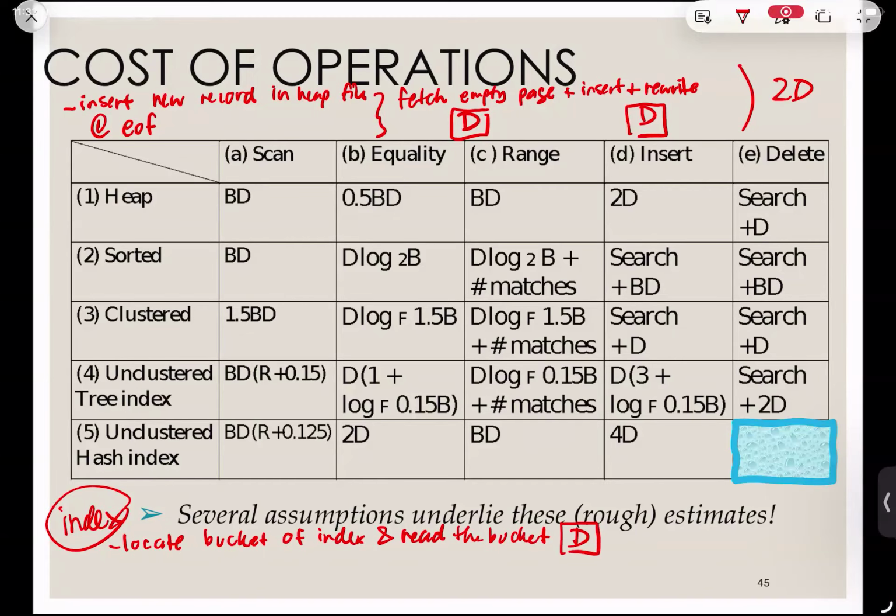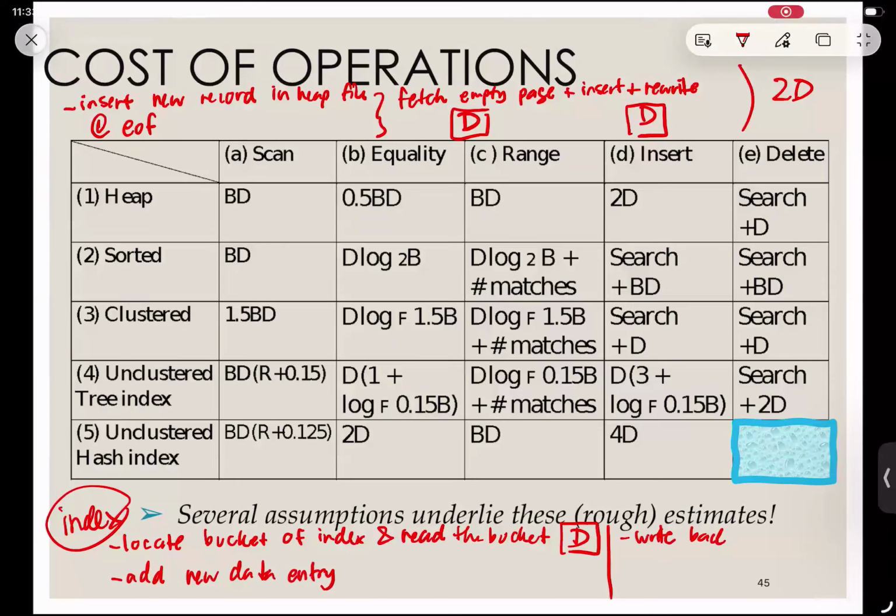That takes me D time, and then I have to add the new data entry into that bucket, and then I have to write back the bucket page. That's also D time. So total, that's 4D.